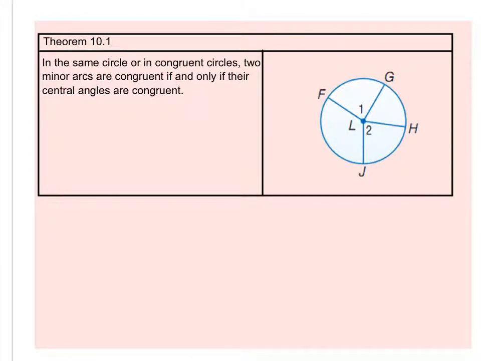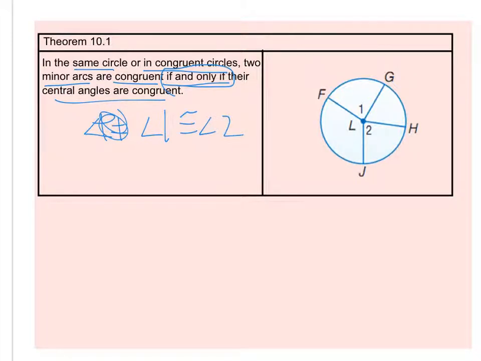So here's a theorem, and I really hope it makes sense. I think it does. If you're in the same circle or in two congruent circles, two arcs are congruent if and only if their central angles are congruent. Remember, if and only if means it works both ways. So if angle 1 is congruent to angle 2, then arc FG is congruent to arc HJ.